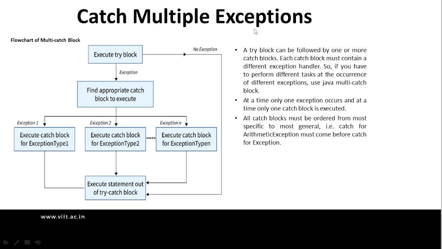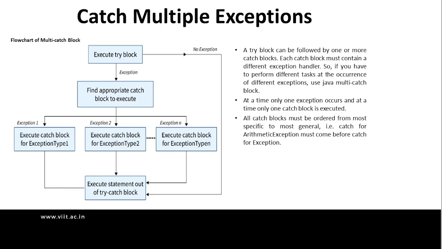Now, catching multiple exceptions. This will start by executing the try block. If an exception occurs, find the appropriate catch block to execute. If no exception, execute the statement outside the try-catch block. If exception 1, 2, 3 or n occurs, execute the catch block for that exception type. A try block can be followed by one or more catch blocks.